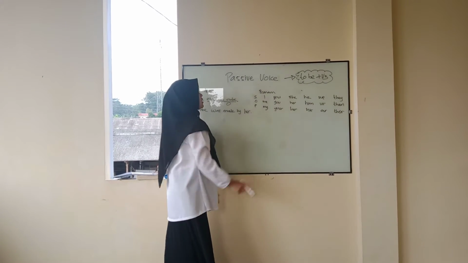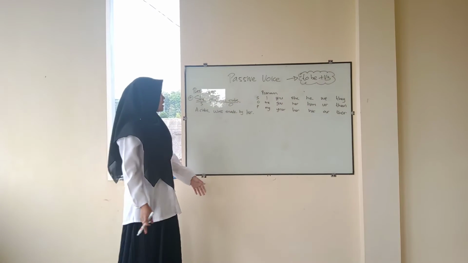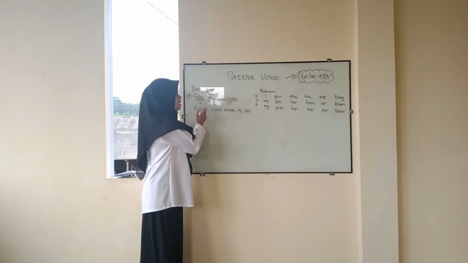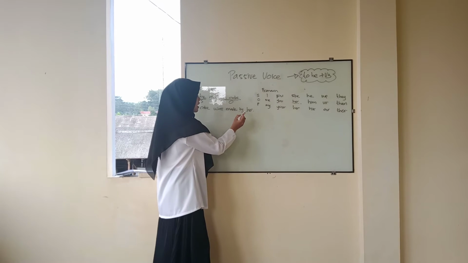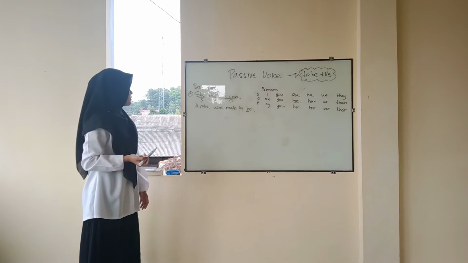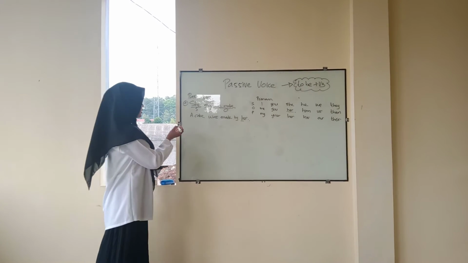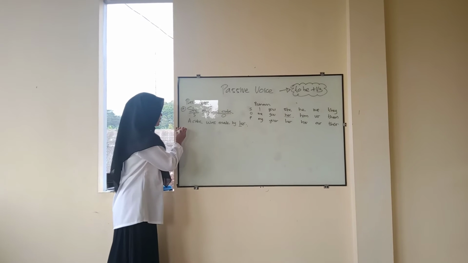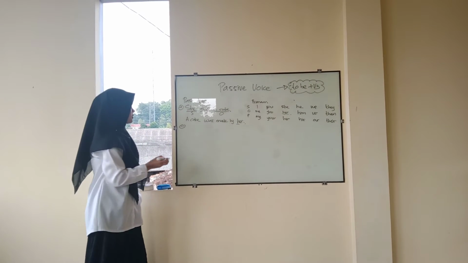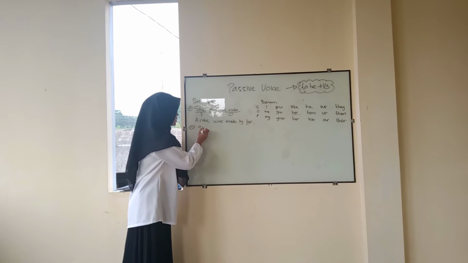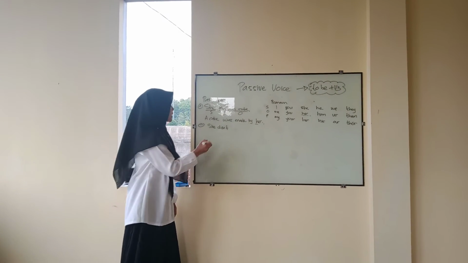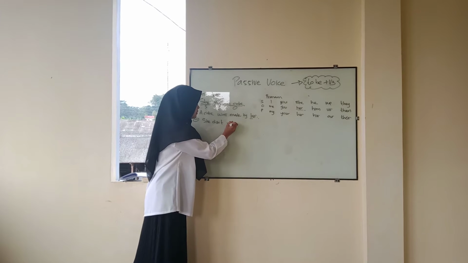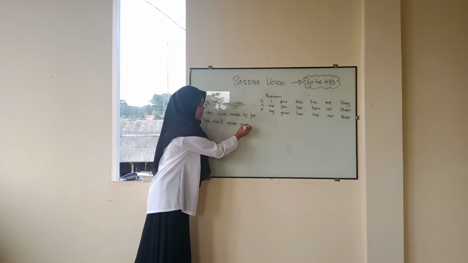You must remember this to make passive voice. She, the object is her, so we choose "by her". Let's see the negative sentence. She didn't make a cake.